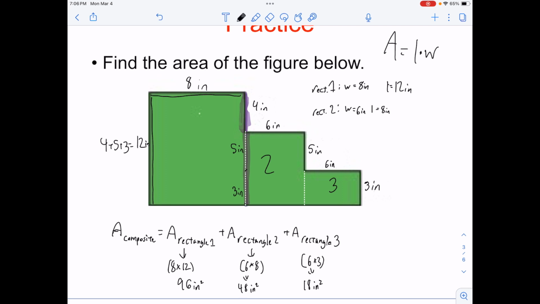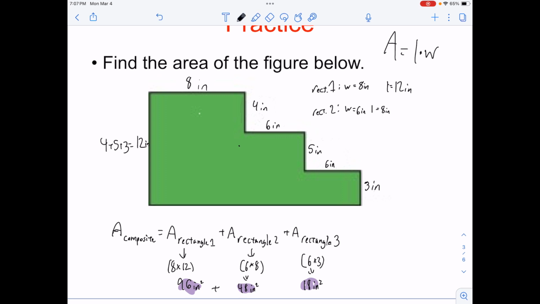And all we got to do to get the composite area of the whole figure, after we break it down, we're going to put everything back together by adding all the different areas. 96 inches plus 48 inches plus 18.